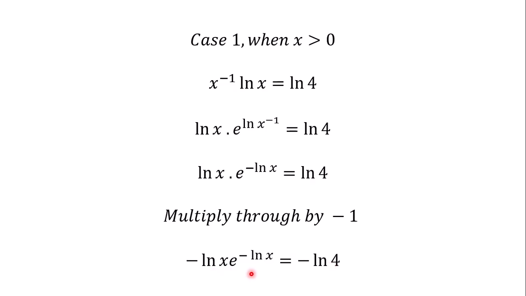Okay, so here we just take W of both sides. We take W of this and also take W of this, since it suits the approach. So take the Lambert W function of both sides, since it's an equation.